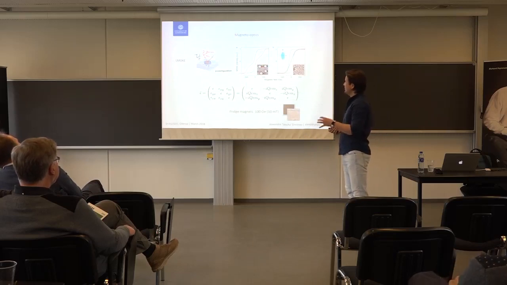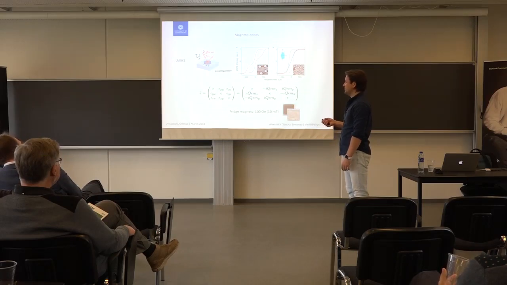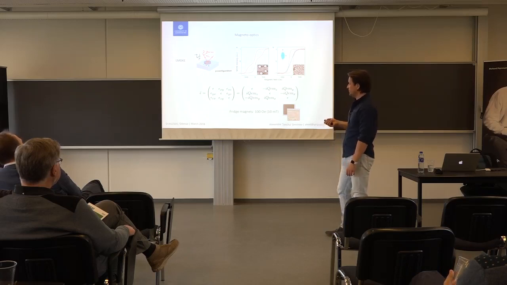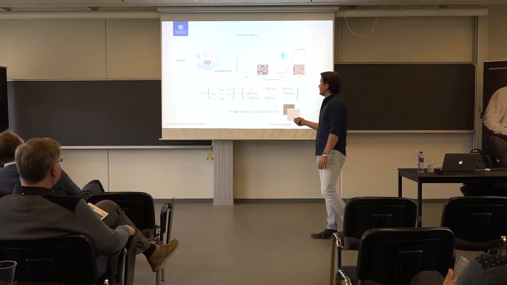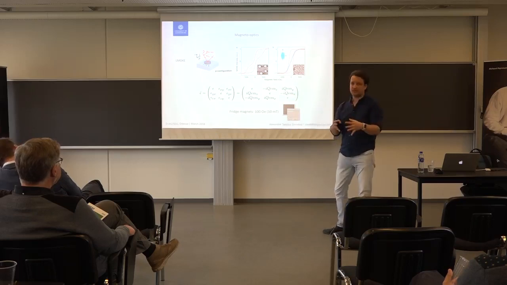Anyway, this is essentially how magneto-optics works. If you have a magnetic structure and you apply a magnetic field, you can apply it in different ways. This is just one chosen configuration, called the longitudinal magneto-optical Kerr effect. Kerr, as I mentioned, is in reflectance, and Faraday would be in transmittance. You have an original polarization of light that hits the sample. It could be either a film or nanostructures.